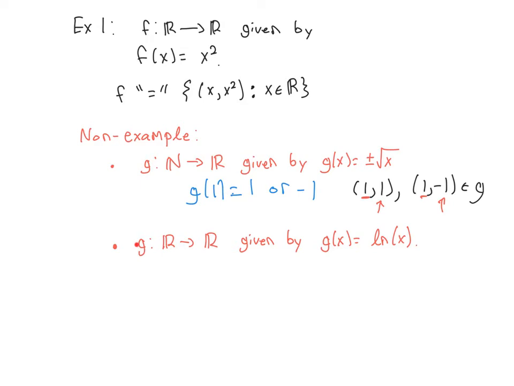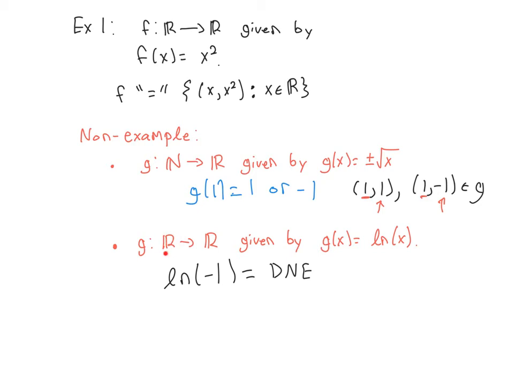As another example, we can consider the function from the real numbers to the real numbers that's given by the natural log of x. The problem with this example is that we don't know the value of the natural log of negative 1. It does not exist as a real number anyhow.